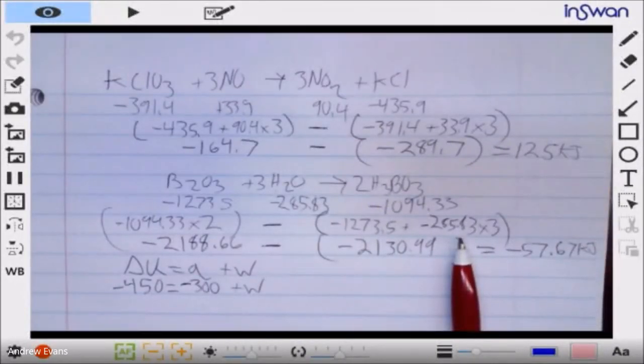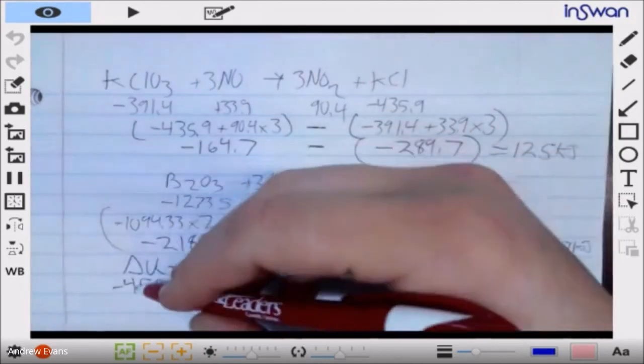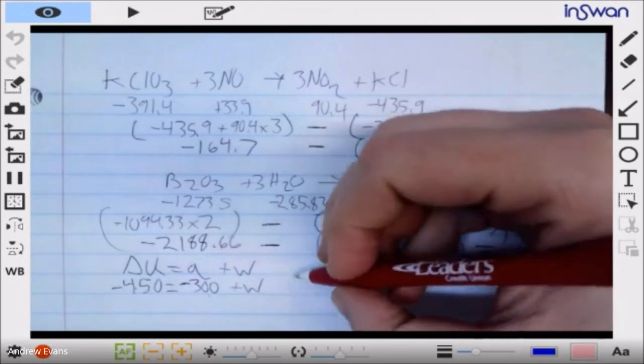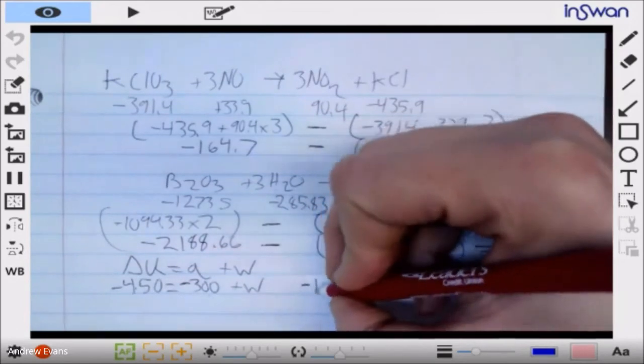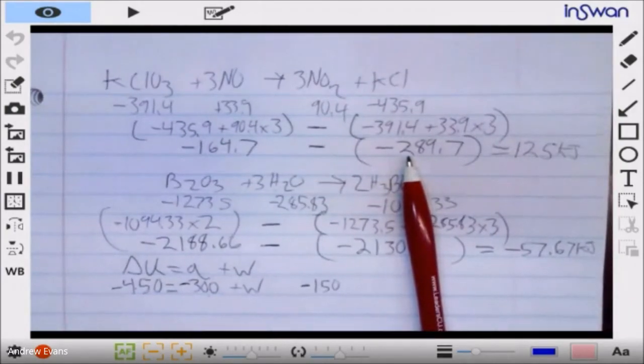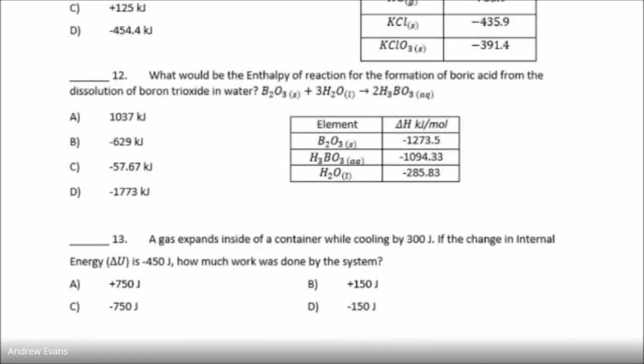The fact that I already said it expanded, when gases expand, they do work. But to have negative 450 equals negative 300 plus what? Work has to be negative 150. So negative 150. Just meant to have you think a little bit. It's supposed to be somewhat easy. Hopefully it wasn't too hard.